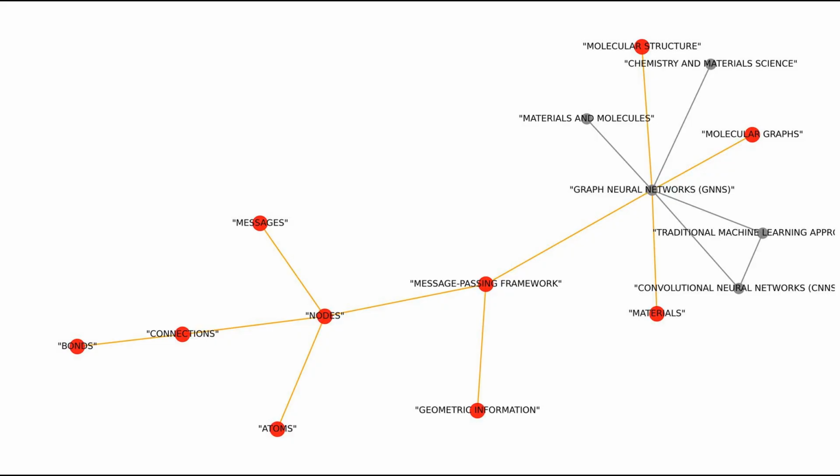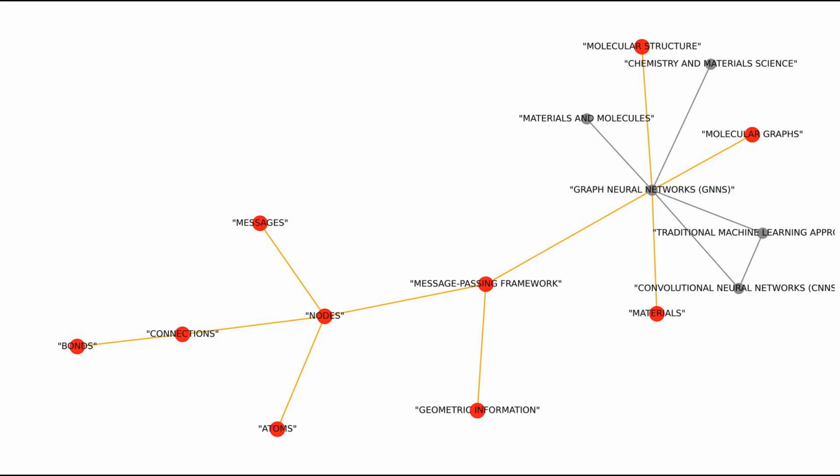In this framework, each node sends and receives messages from its neighbors. This whole process helps the nodes understand not just their own properties, but also how they relate to the other nodes around them. For example, if one atom is connected to another, it can share information about its own properties, which really helps the other atom learn more about its environment.